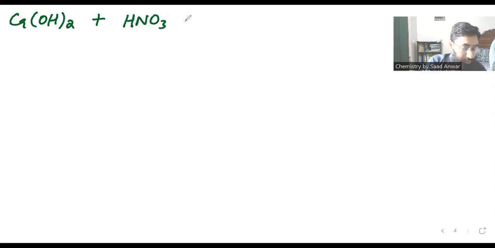This is our next page, and this is calcium hydroxide. And when calcium hydroxide reacts with nitric acid, HNO3, the product you will get is calcium nitrate, Ca(NO3)2, plus water.